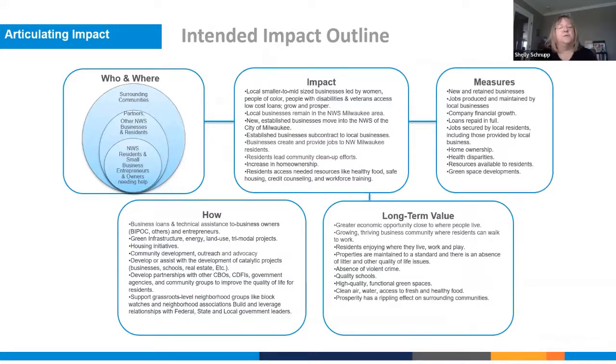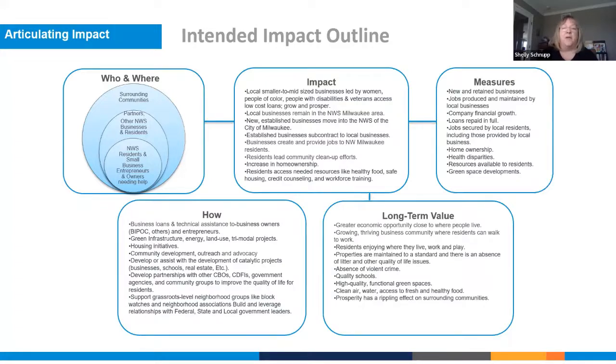So I especially like this part of the impact outline in that it helps organizations zero in on and have the discussions about who the organization benefits and who is at the core of those beneficiaries.